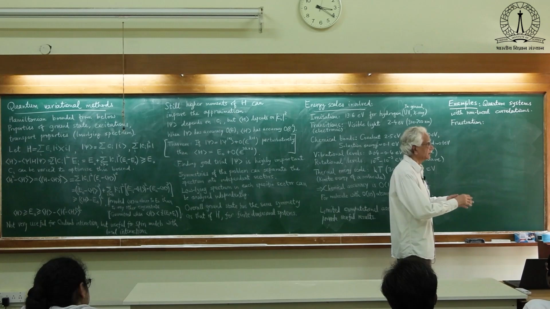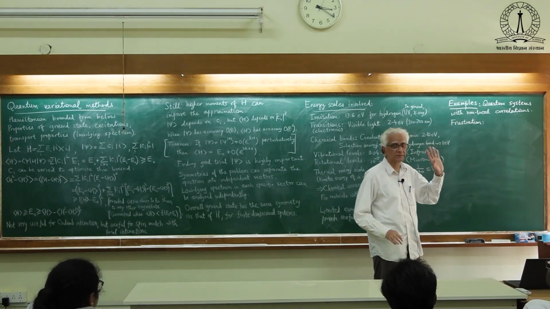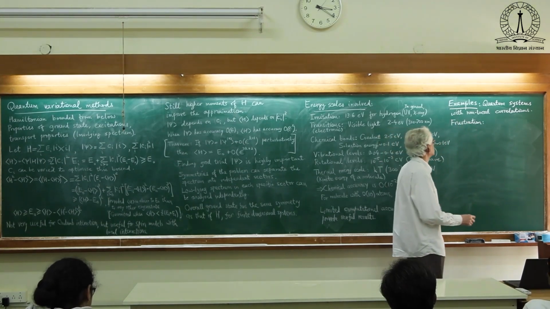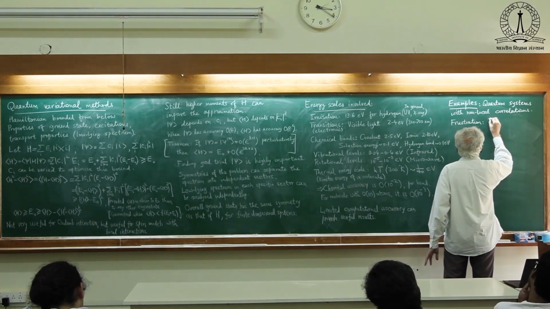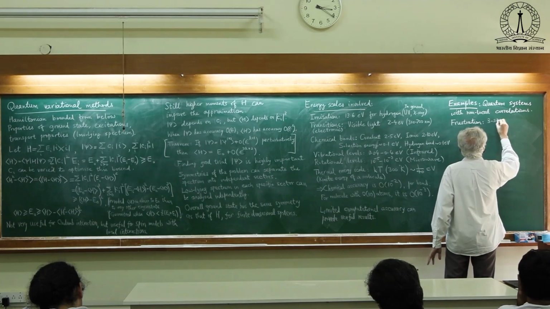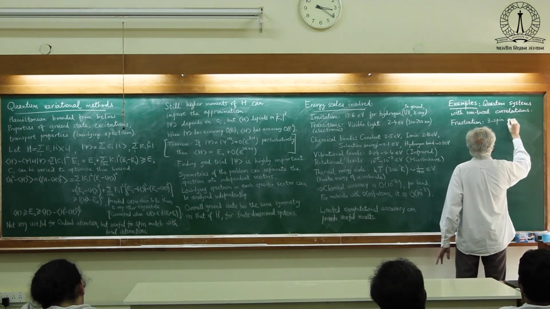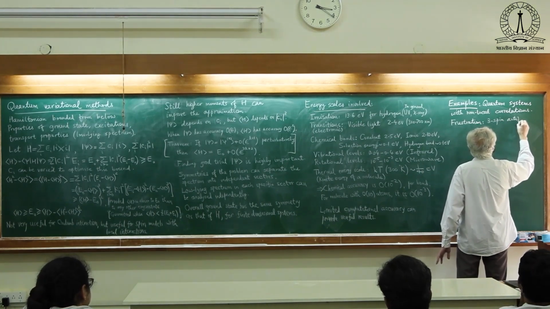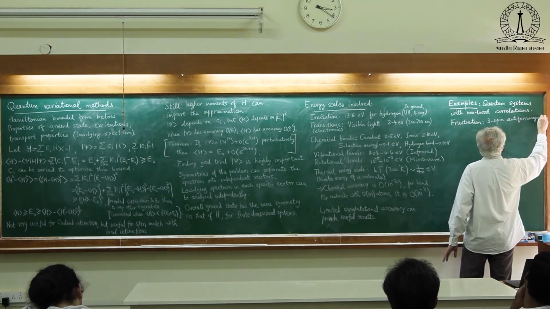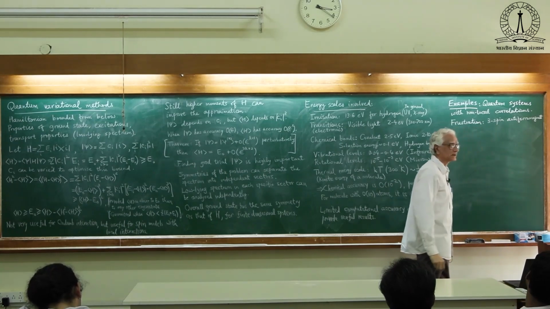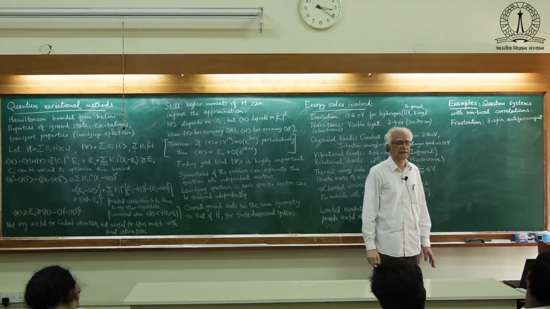And that is where the non-locality will become important. So the simplest example is a three-spin system, which is antiferromagnetic.